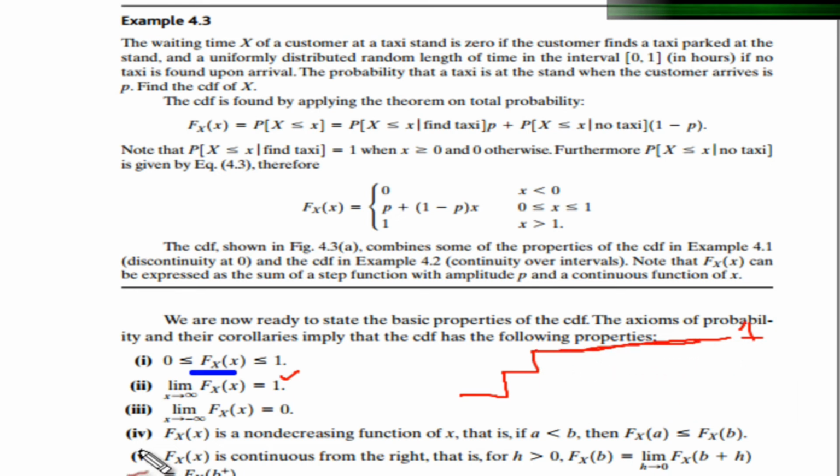You can see that on the left side the value will be equal to 0. These other things are not that important, but these three properties are very important. So have a look at these three, and all the proofs are also written below in this article.